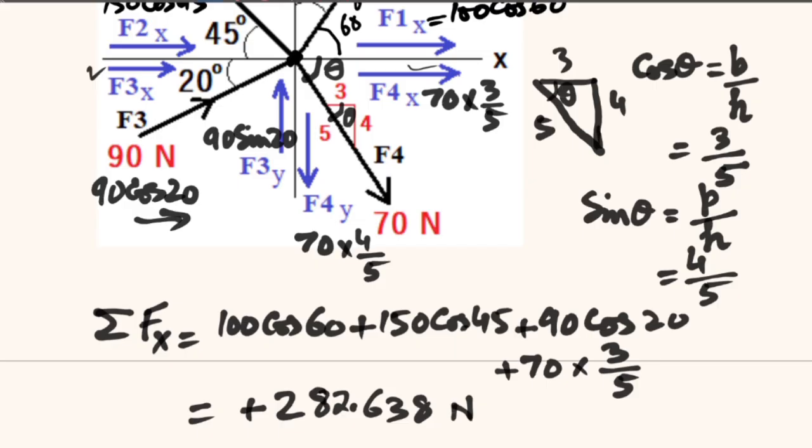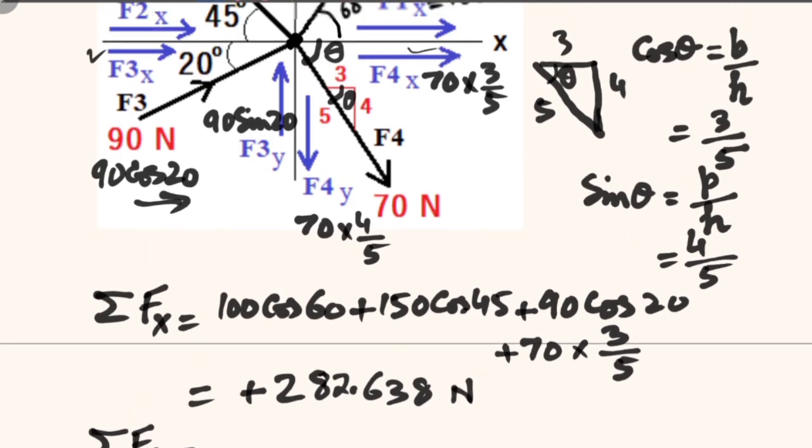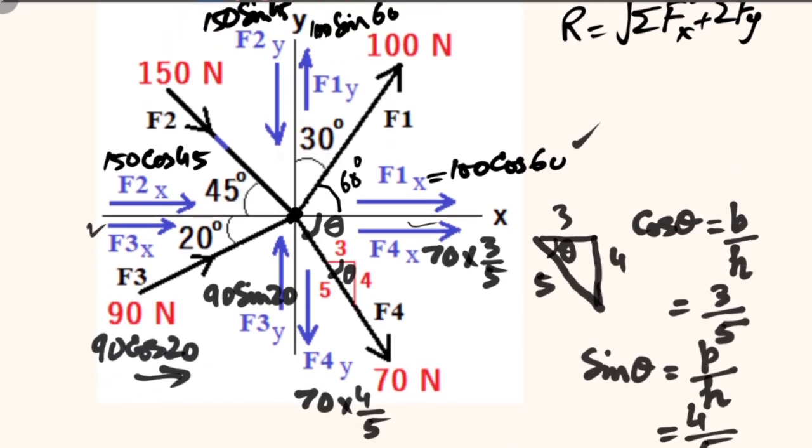Now the next step is to find the value of sigma fy, that is the algebraic sum of all the forces in y direction. Okay, we come to now sigma Fy. So here we have to look at the forces only in y direction.